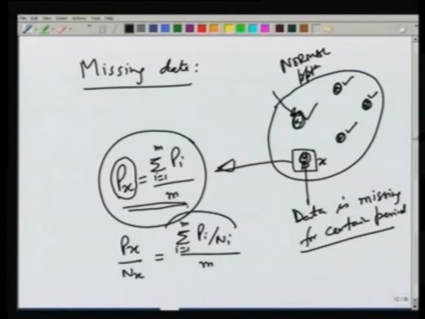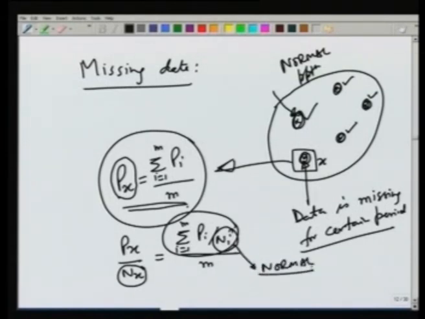So, for all rain gauges we take the ratio of the precipitation divided by the normal value. This normal is typically a 30-year average.